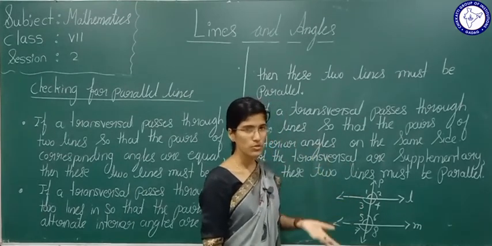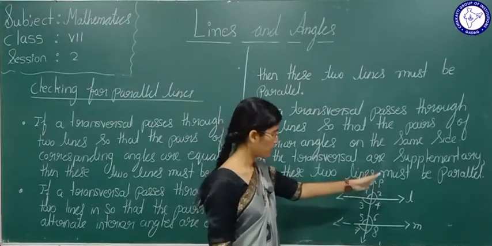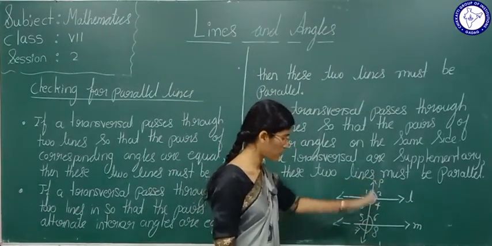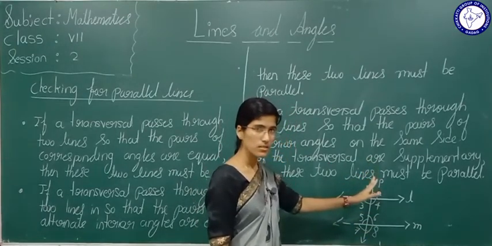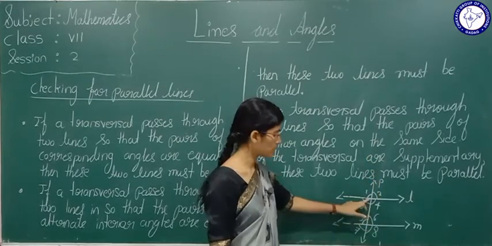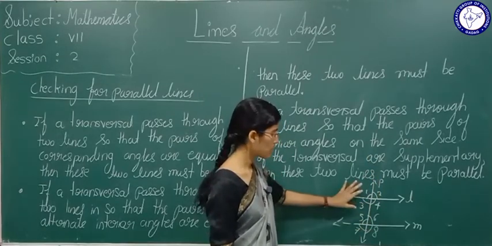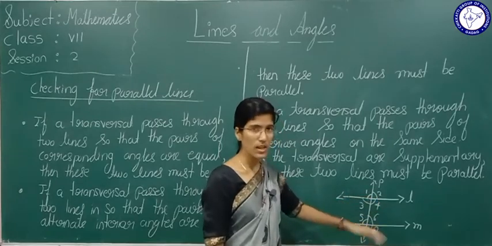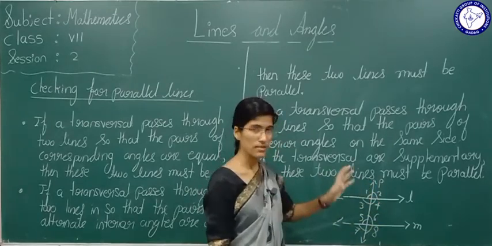Okay, suppose we don't know, here two lines are there. If one line is intersecting at two distinct points, suppose if corresponding angles are equal, at that time we can tell that these two lines are parallel.